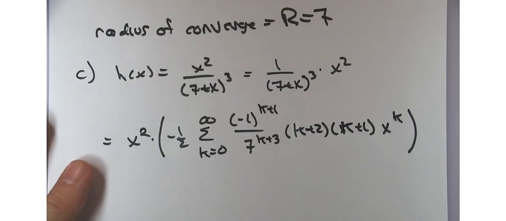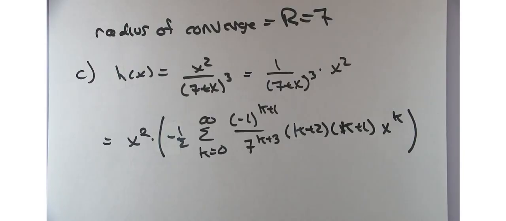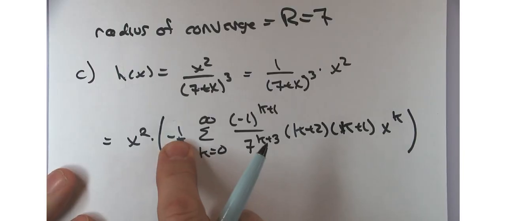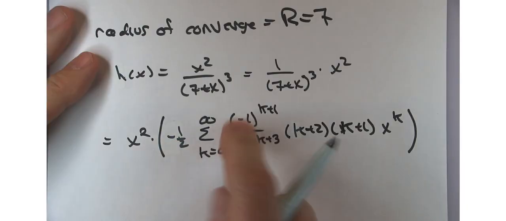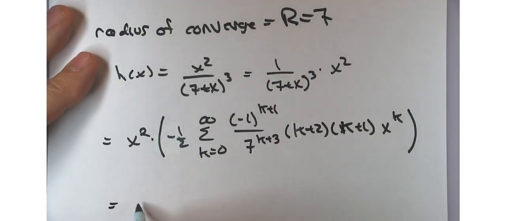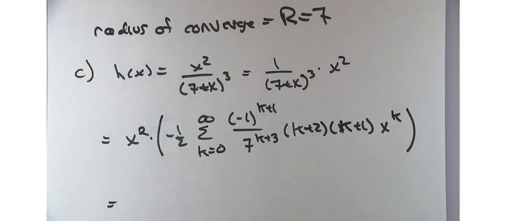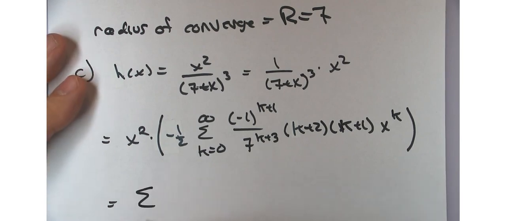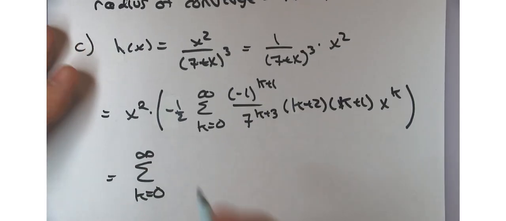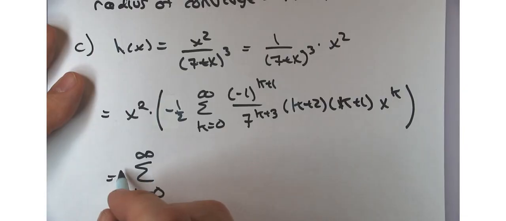Okay, let's do some cleaning up of things. I'm going to finally get rid of that -1 from out in front, so I'm going to multiply that in here. I'm also going to multiply in the x squared. How's the x squared going to change things if I multiply that into my series? Thanks, Marlon. So sum from k equals 0 to infinity, and I'll put the 1/2 out front.